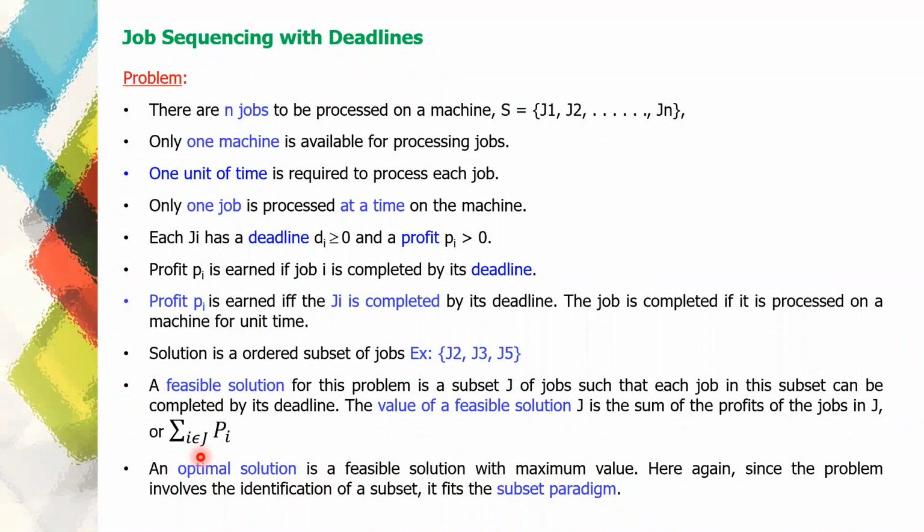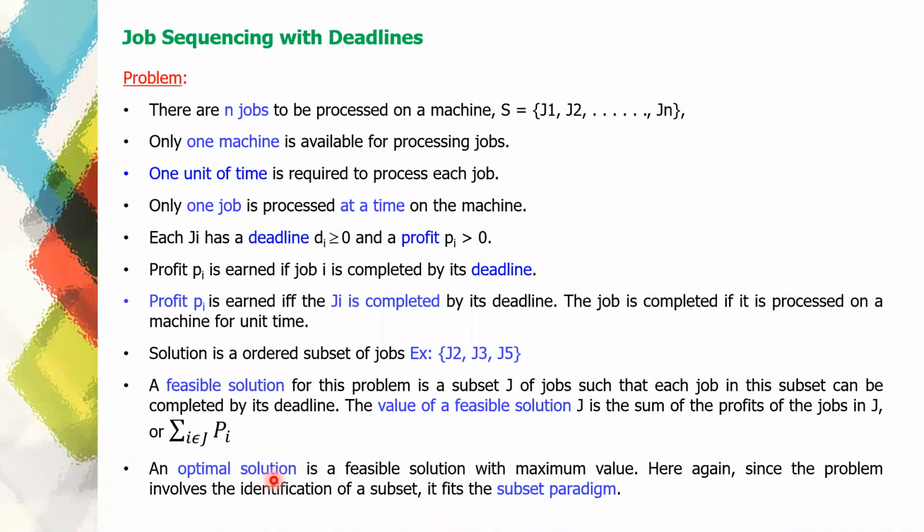The profit for a solution is the sum of profits of all the jobs in a given solution. If that particular solution is earning you a maximum profit, then such a feasible solution is called an optimal solution.